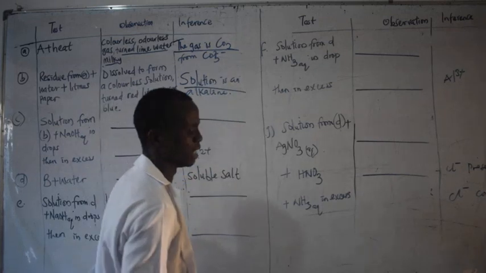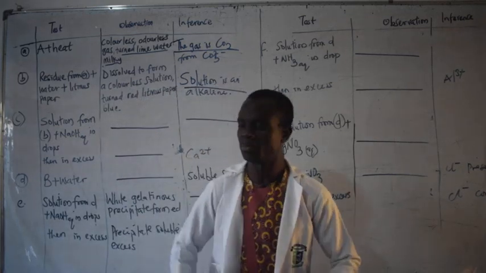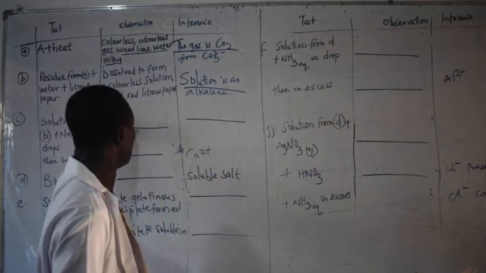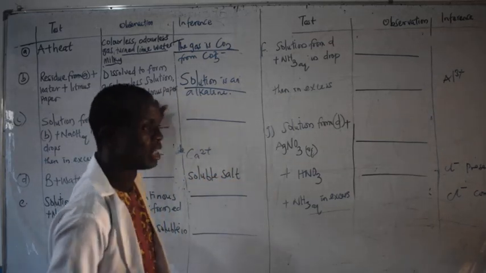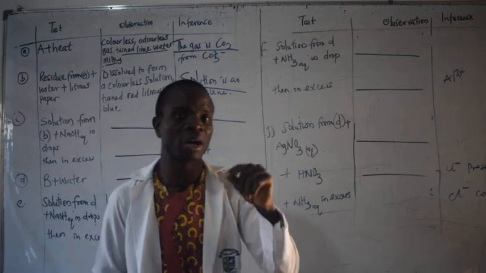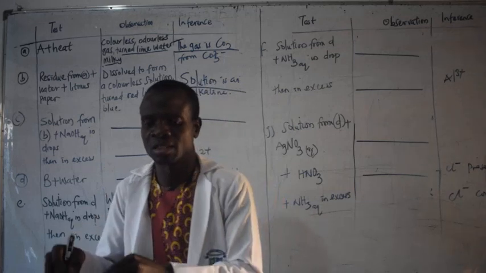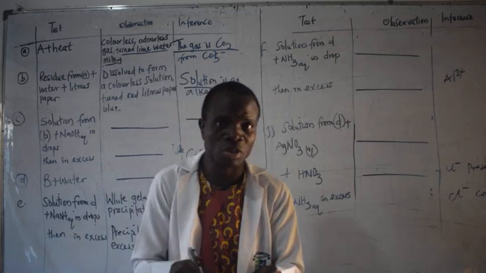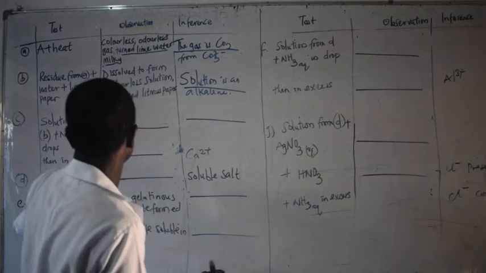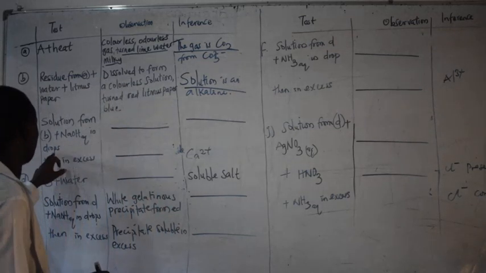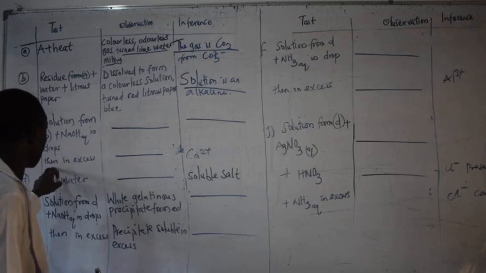It can be any alkaline. If it turns blue litmus paper to red, that is telling us that the compound is an acid. So you must know the litmus test for either acid or base.